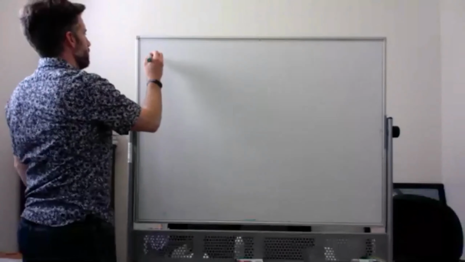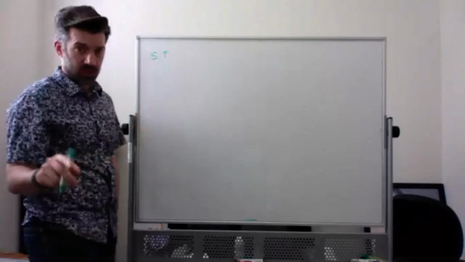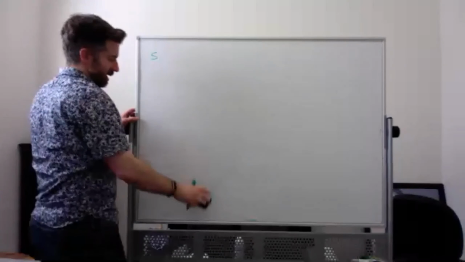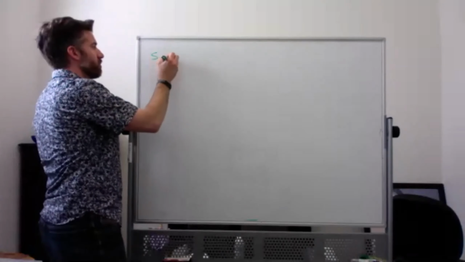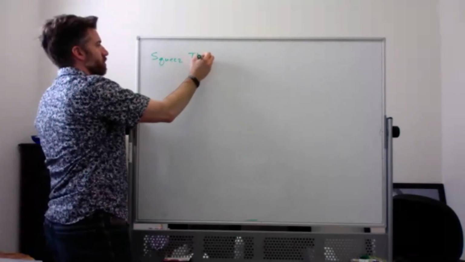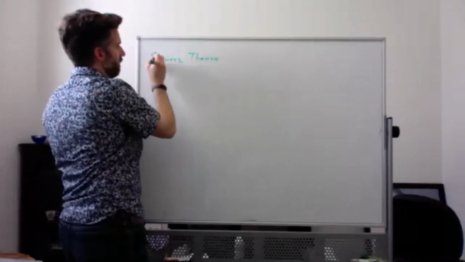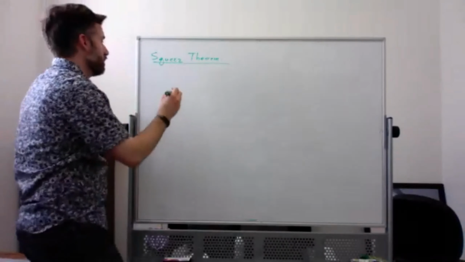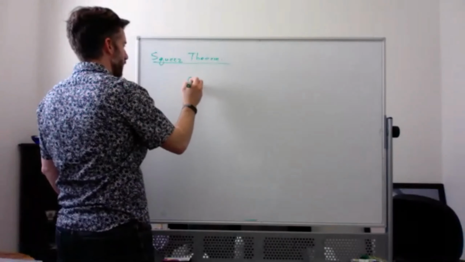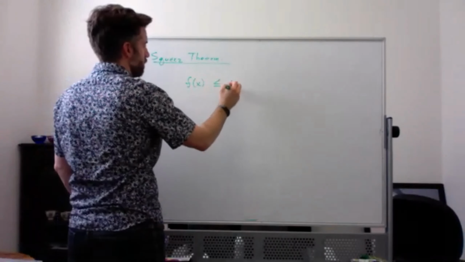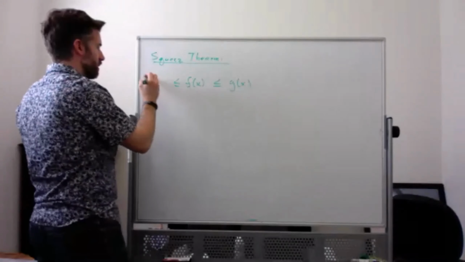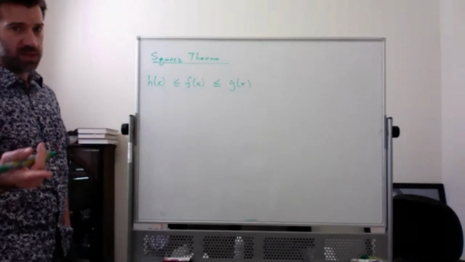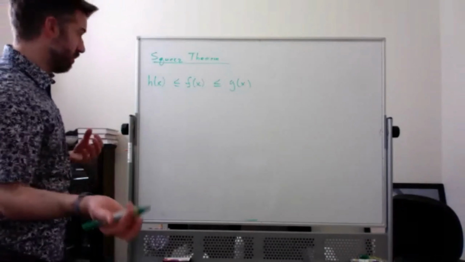So the squeeze theorem, here's what it says. And I have some good pictures to share with you guys. So the squeeze theorem says the following. If you've got a function that's between two other functions, so if you have f of x between, say, g of x and h of x, and we'll do an example in a minute to solidify this, and I'll show you the picture.